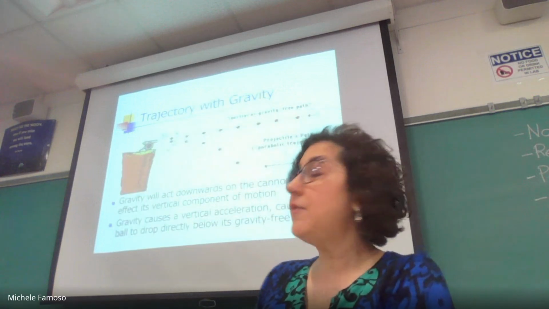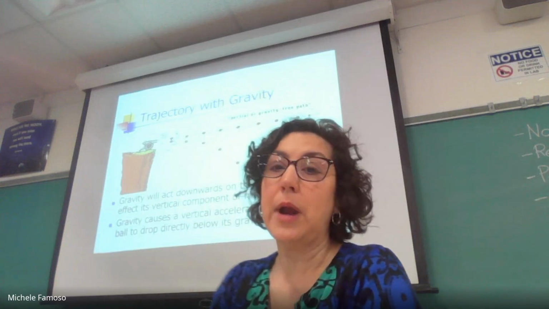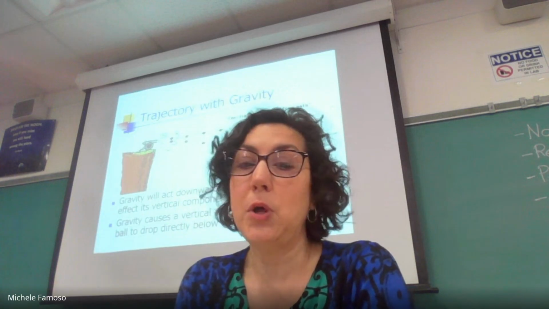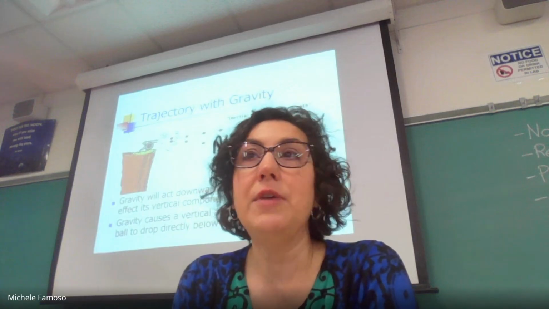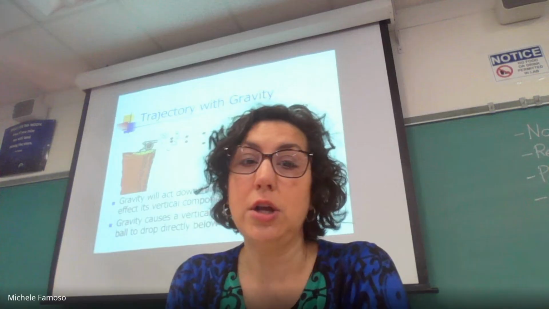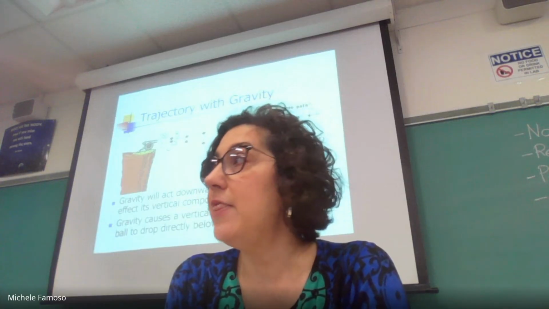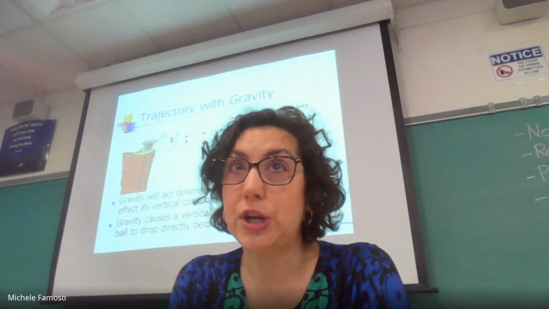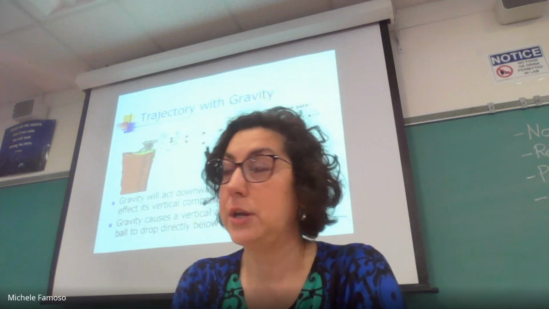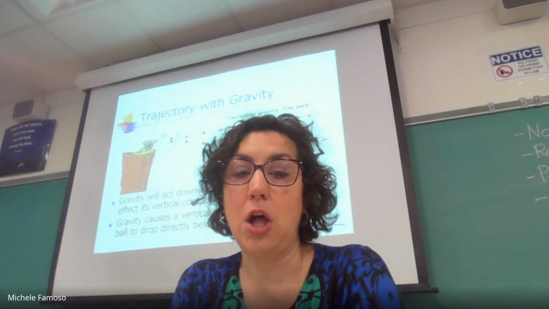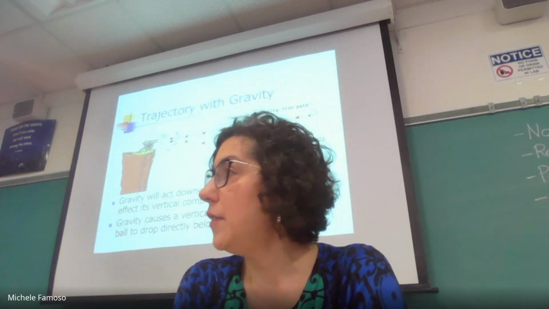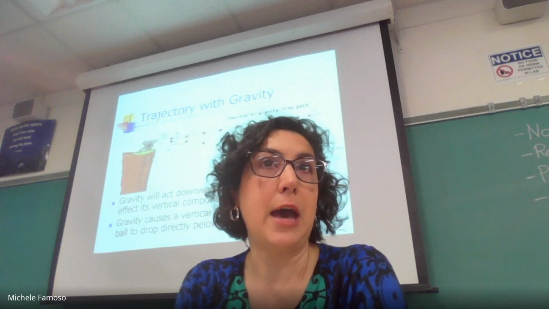So with gravity, as we said, we get that parabola. Gravity is pulling things down to affect the vertical component of motion. And that's where we see the acceleration in the vertical direction, causing things to fall directly below their gravity-free path.